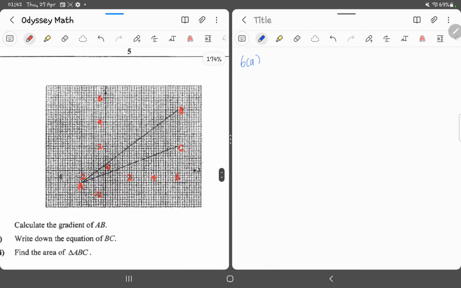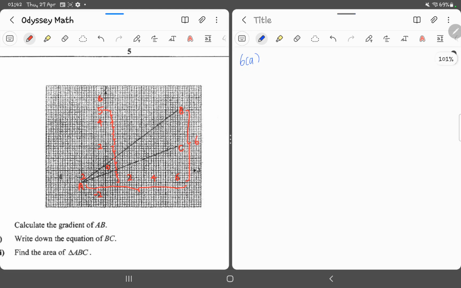In order to calculate the gradient of AB, we need to take the rise over the run. Over here the rise is, so this is 5, so 1 2 3 4 5 6.